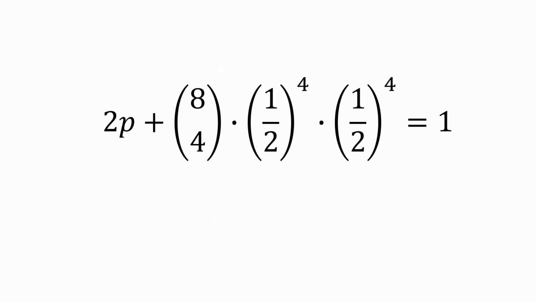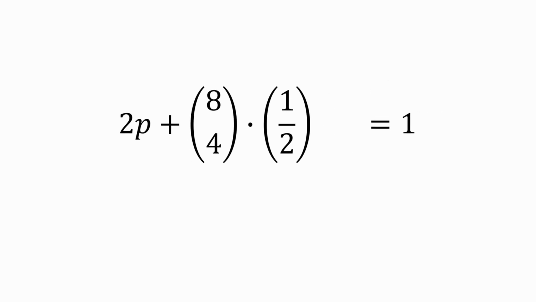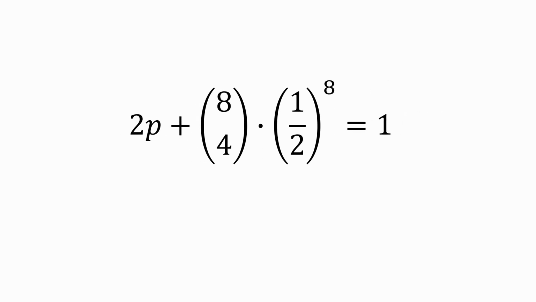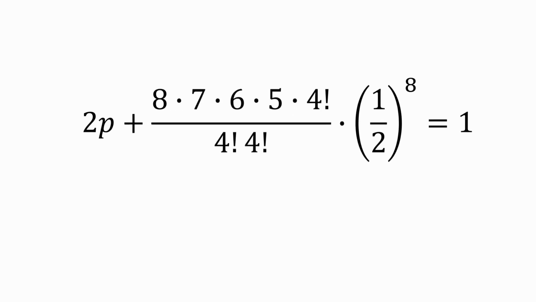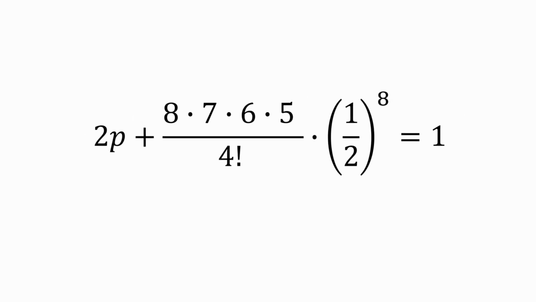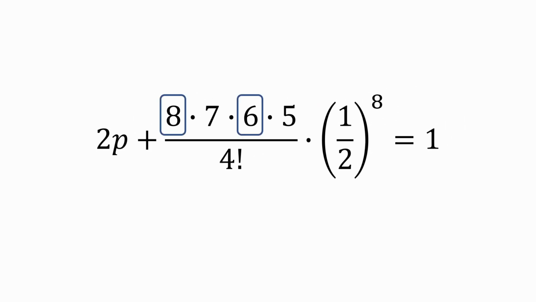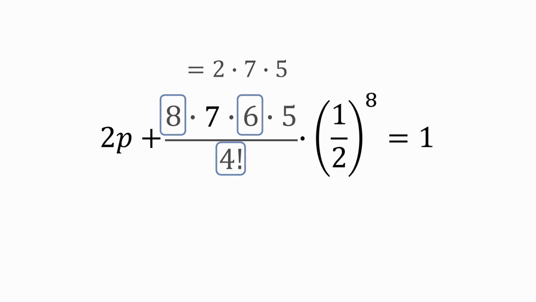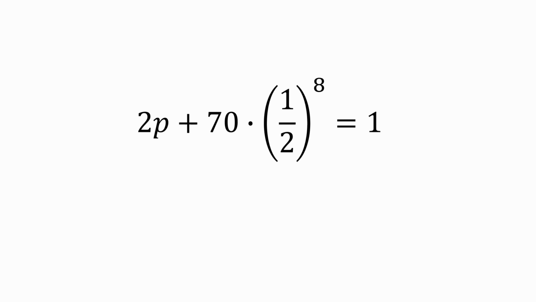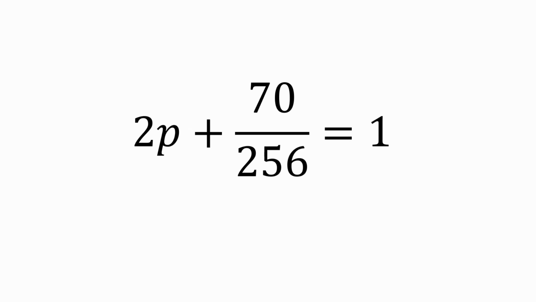Just like before, we'll add the exponents to get 1/2 to the 8, and we'll evaluate 8 choose 4 just like before. A pair of 4 factorials cancel out, leaving us with this. Since 8 times 6 is 48, and 4 factorial is 24, we just get 2 times 7 times 5, which is 70. 2 to the 8 is 256, so we have 2p plus 70 over 256 equals 1.